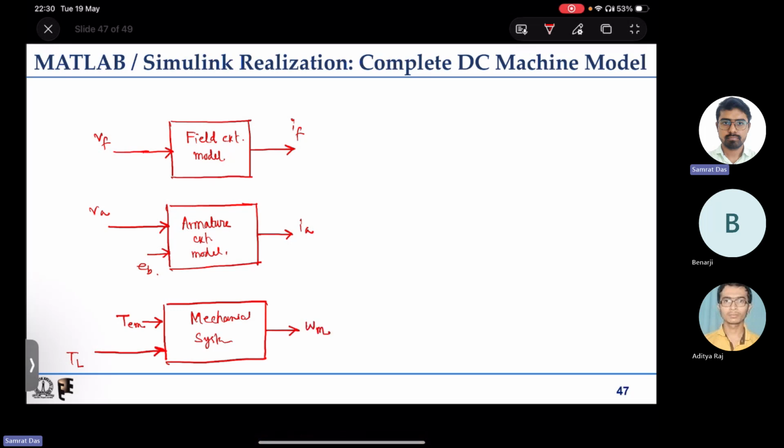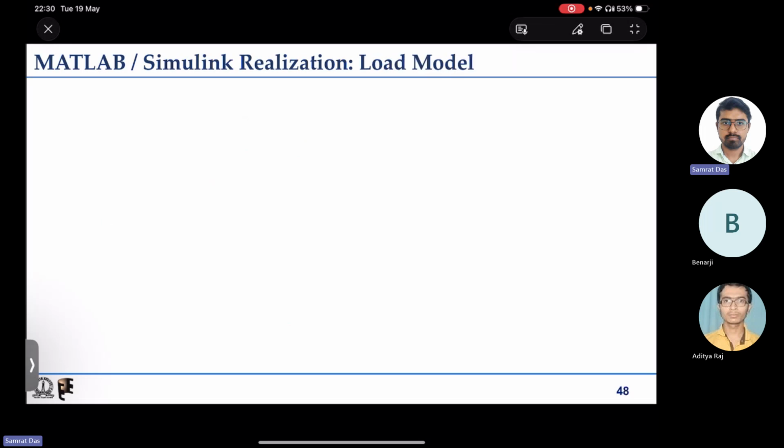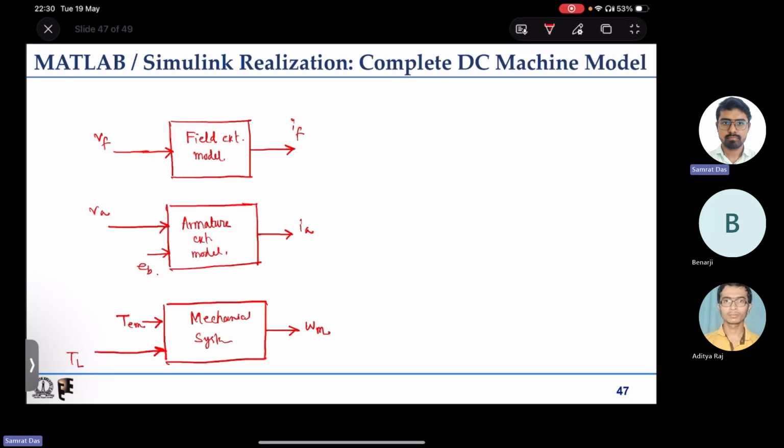Now this EB and TEM, how that comes, that depends on the electromechanical energy conversion block that takes the field current and converts. So either it can have a characteristic like this, phi p versus this, so it gives the phi p, and this phi p again, now it's a product thing.